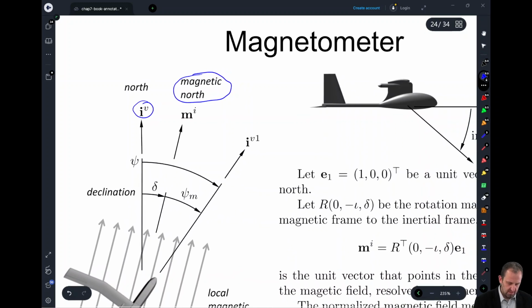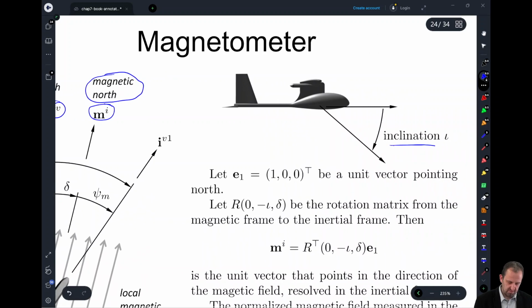Let's stick with this value right here. I think this description is slightly confusing. Instead of writing it like this, let's say that we have our magnetic north and we'll call this frame M. So this is our magnetic north in the magnetic frame.